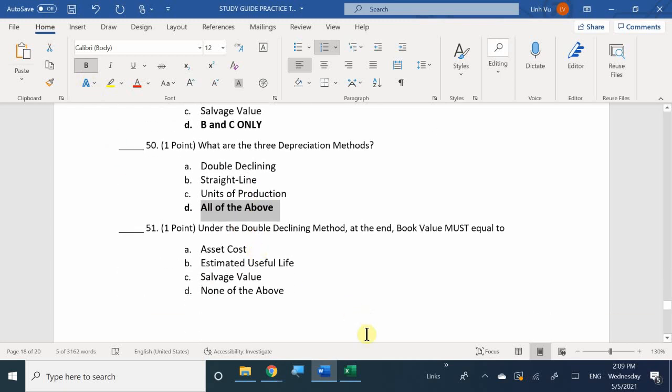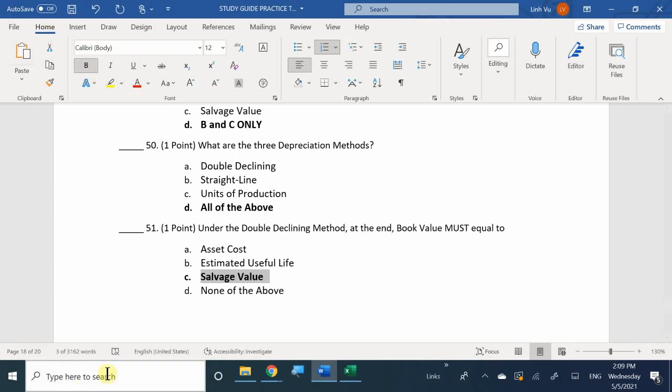Number 51, under the double declining method, at the end the book value must equal C, salvage value. It cannot go below. It could go above, and then you determine whether you want to just write it off as a loss. But for this case, it will always maintain at salvage value.